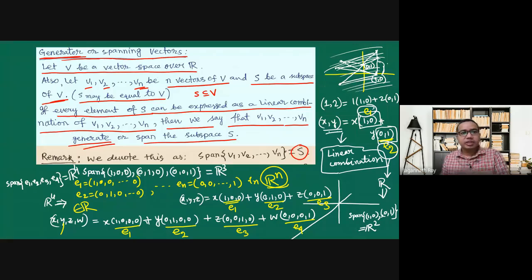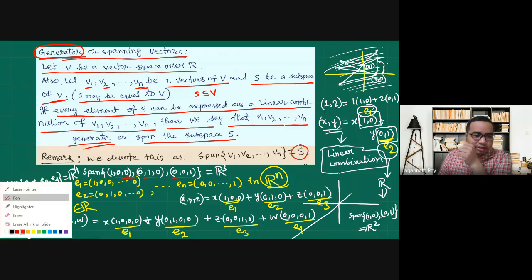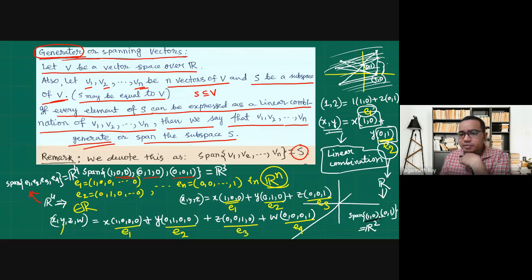So that is the meaning of generator: any vector can be generated by these four vectors in four-dimensional space, by these three vectors in three-dimensional space, and by these two vectors in two-dimensional space. That is the actual meaning of generator, or the spanning vectors.